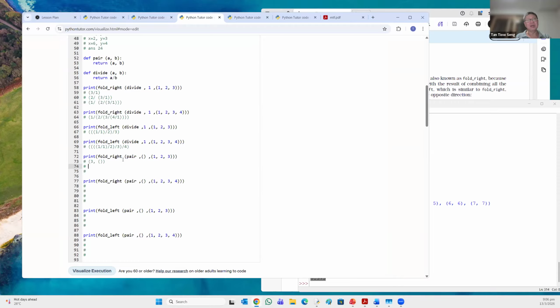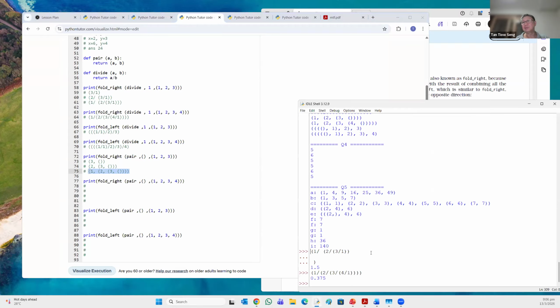So you get this. And then this guy, it's passed on to the next level, which is the 2. And this guy remains the same. And then this, it's going to pass to the 1. And the 1 is going to be there, and then the rest is the same. To avoid me having a headache, I can just copy this here and put a bracket. Okay, so this should be my answer. Let's see.